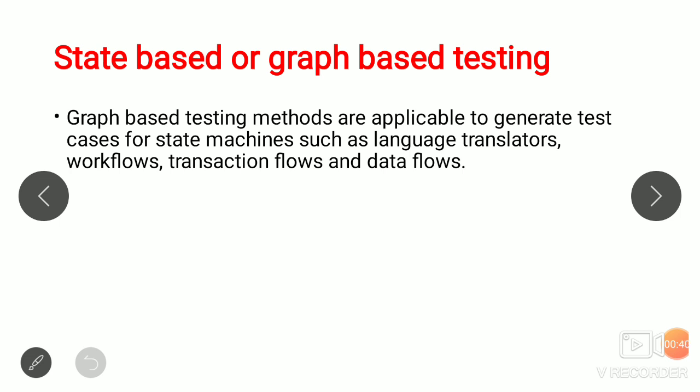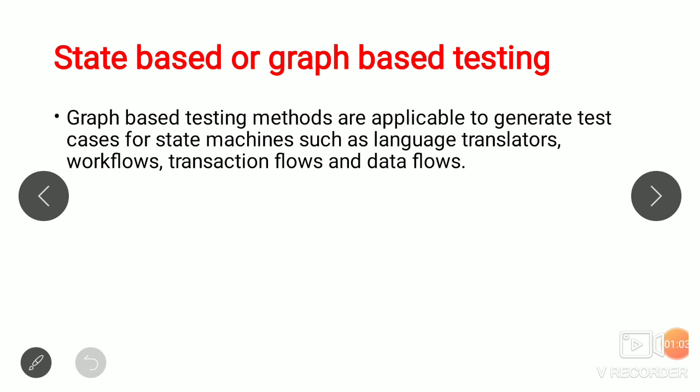See here, state or graph-based testing is very useful in situations where the product under test is a language processor. Here, language processor means it may be a compiler or interpreter wherein the syntax of the language automatically lends itself to a state machine.